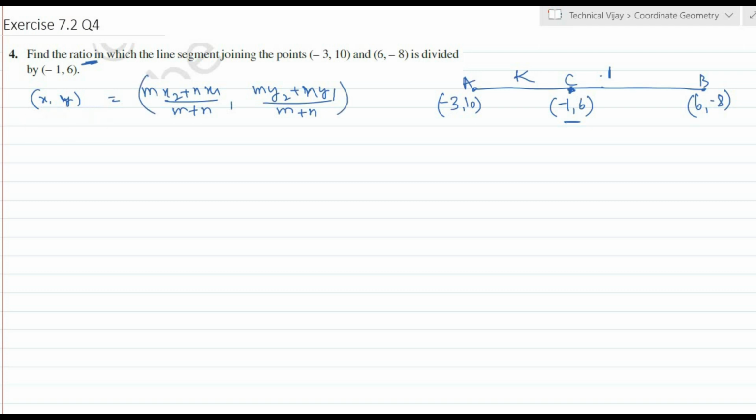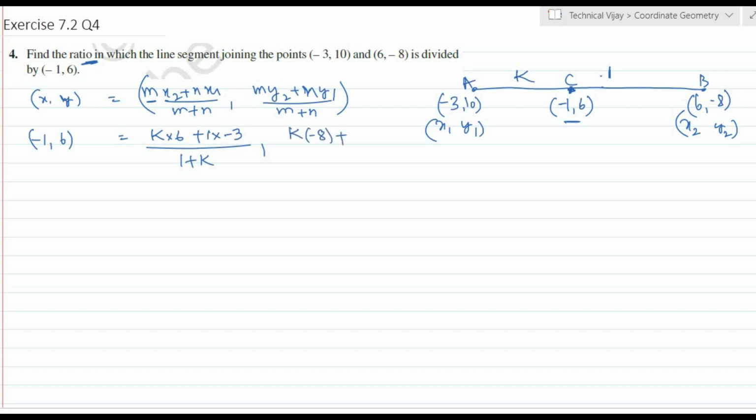This is the section formula. Now we substitute the values, with m as k and n as 1. Here x1 is -3, y1 is 10, x2 is 6, y2 is -8. So k into 6 plus 1 into -3, divided by k plus 1, and k into -8 plus 1 into 10, divided by k plus 1.